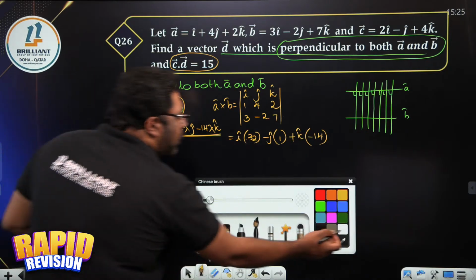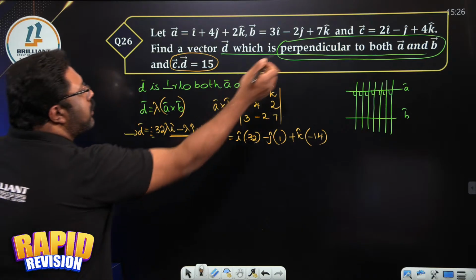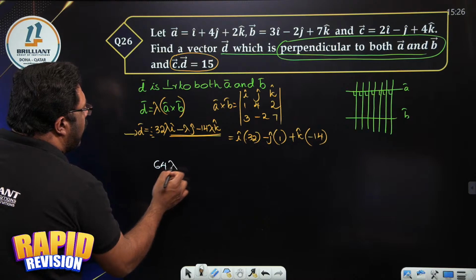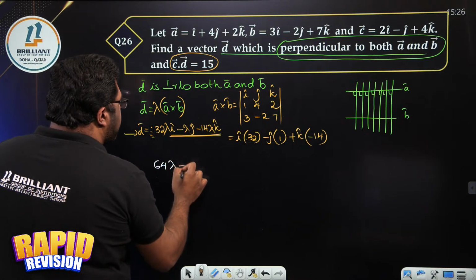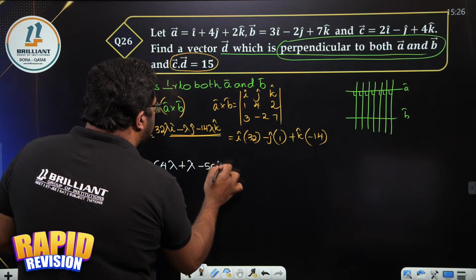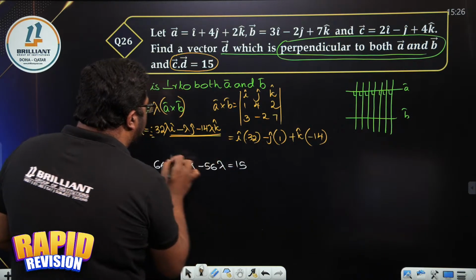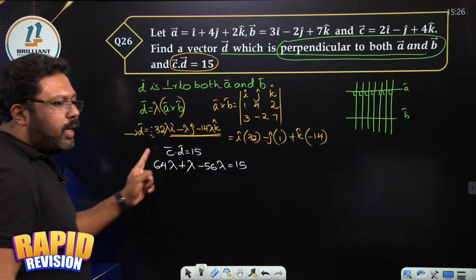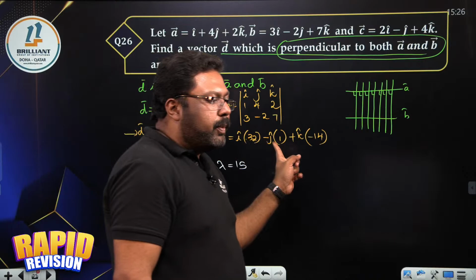So you have to take dot product with this D. 2 and 32 is 64 lambda plus lambda minus 56 lambda equal to 15. C dot D. Sorry, please make a change, all of you.